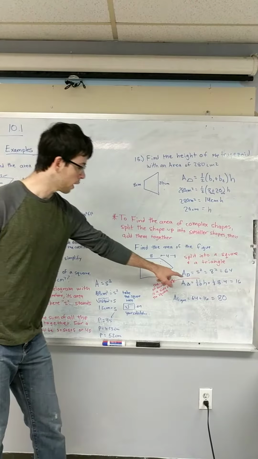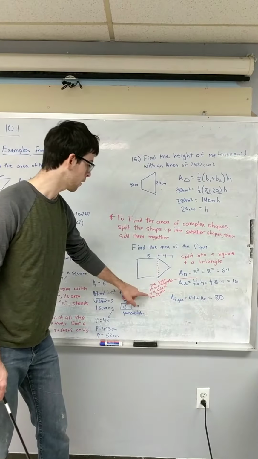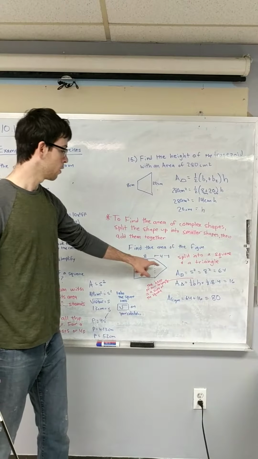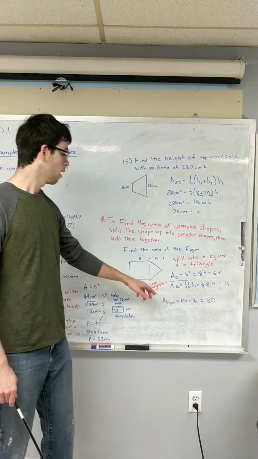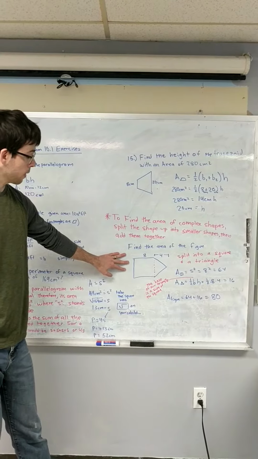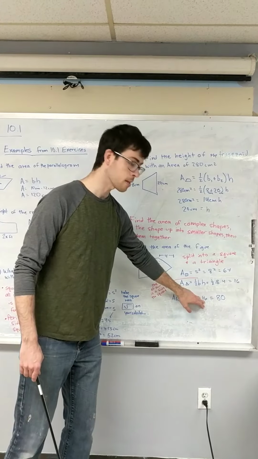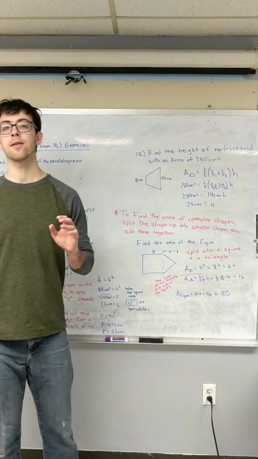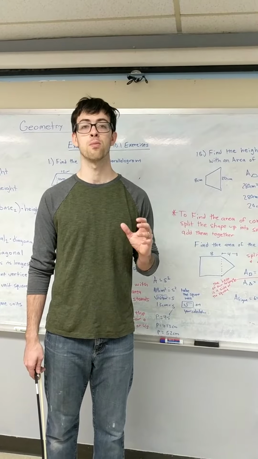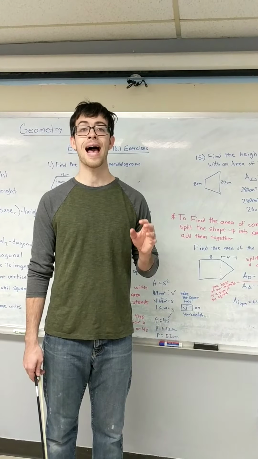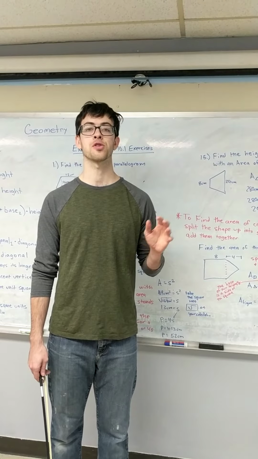The area of a triangle, 1/2 base times height. The height of our triangle is the side of the square. So we get 1/2 times 8 times 4, which will give us 16. To get the area of this pentagon, we add 64 plus 16, or 80. Finally, if you're trying to find the area of a shape that has space removed from it, instead of adding the areas together, you will subtract them.